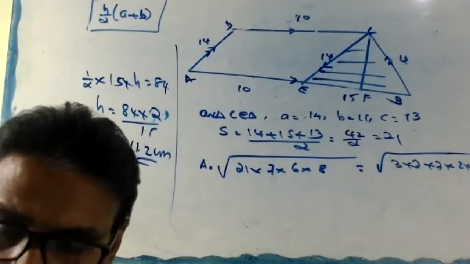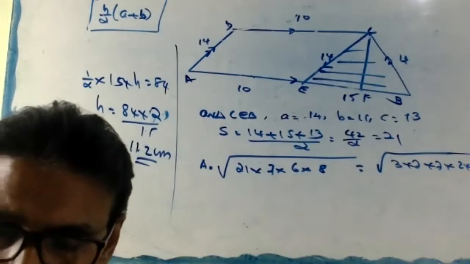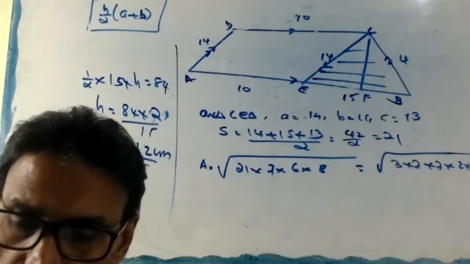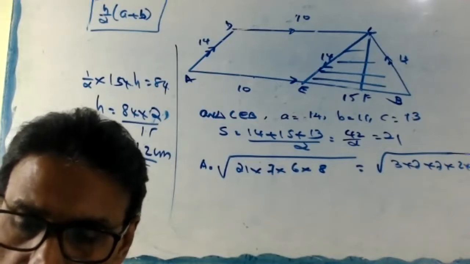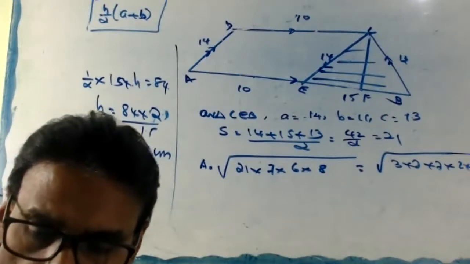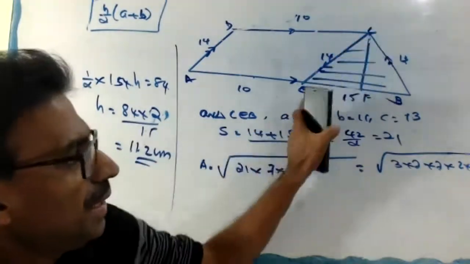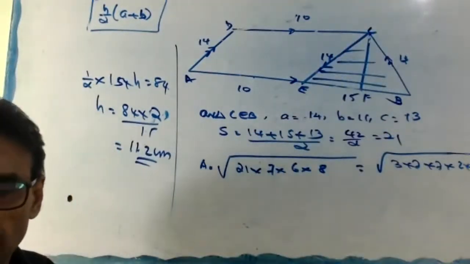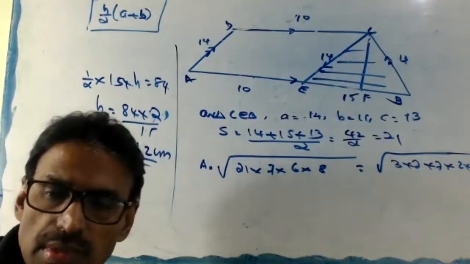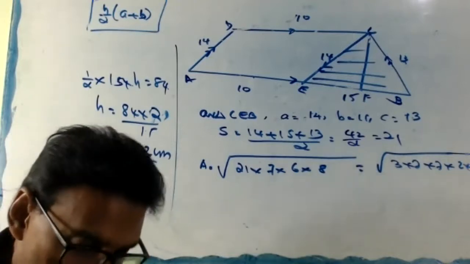Pranav, what do I have to explain now? You find the area of triangle 13, 14, 15. Others, I didn't say anything. Find out the area of triangle CEB using Heron's formula. Do that one.